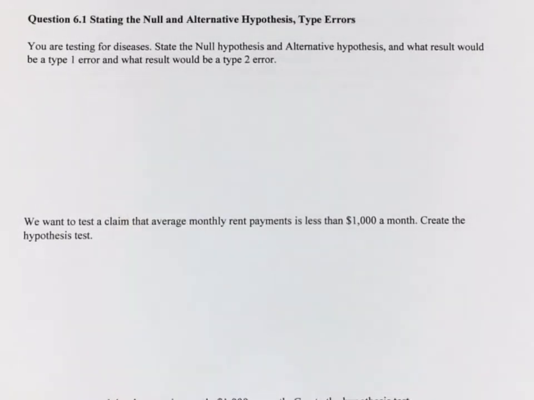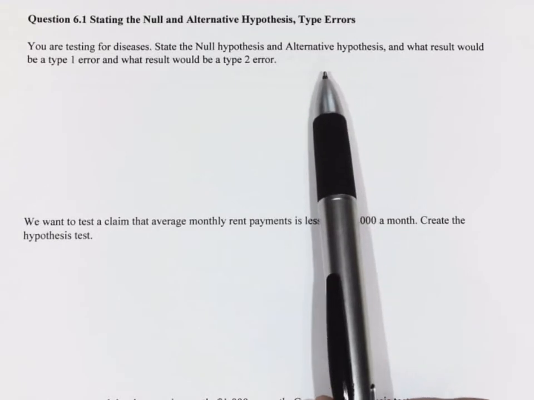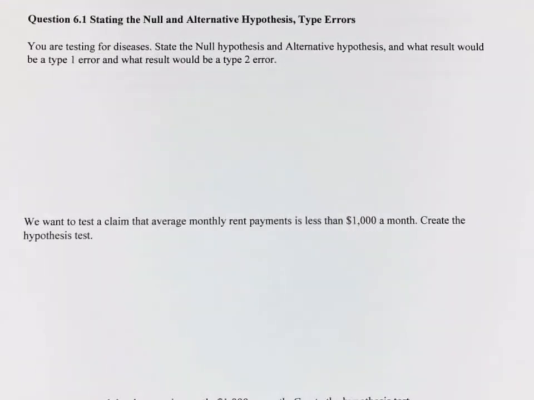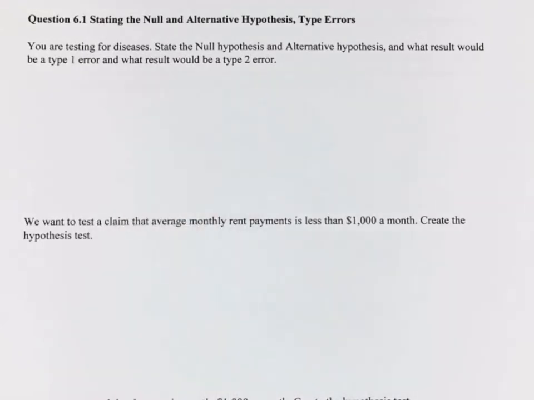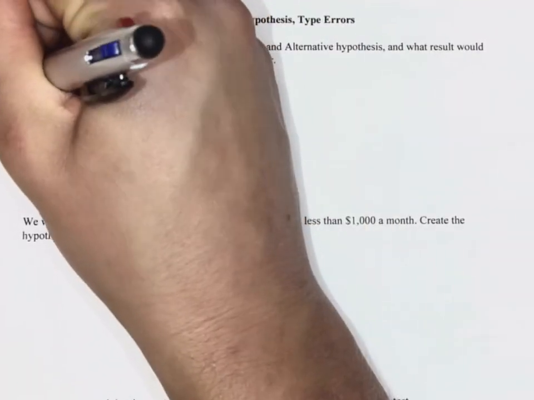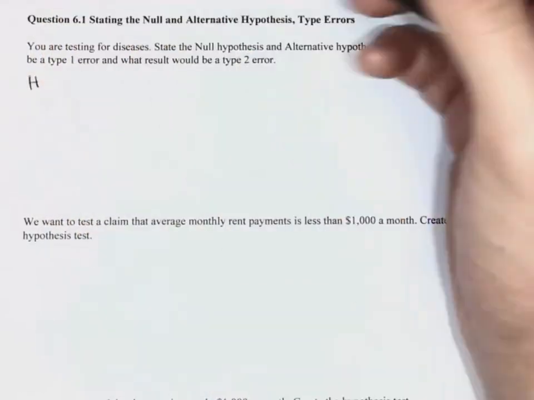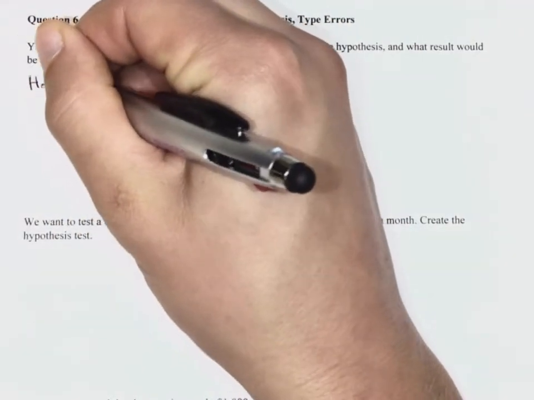When testing for diseases, we can state the null hypothesis and the alternative hypothesis. What results would be a type 1 error and what results would be a type 2 error? Our null hypothesis can be shown as H0.